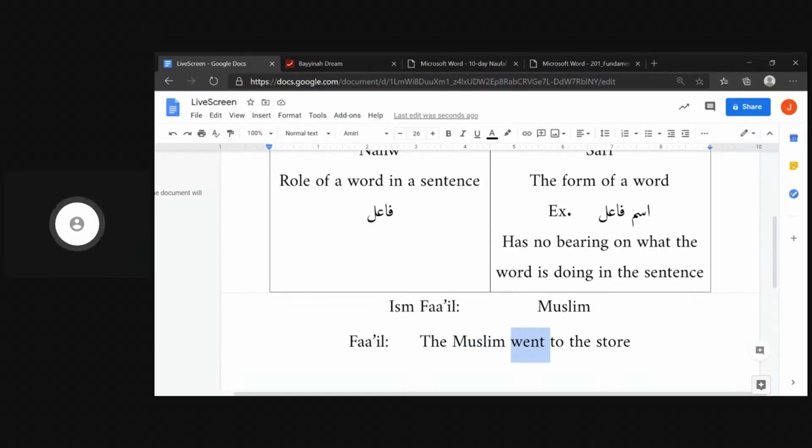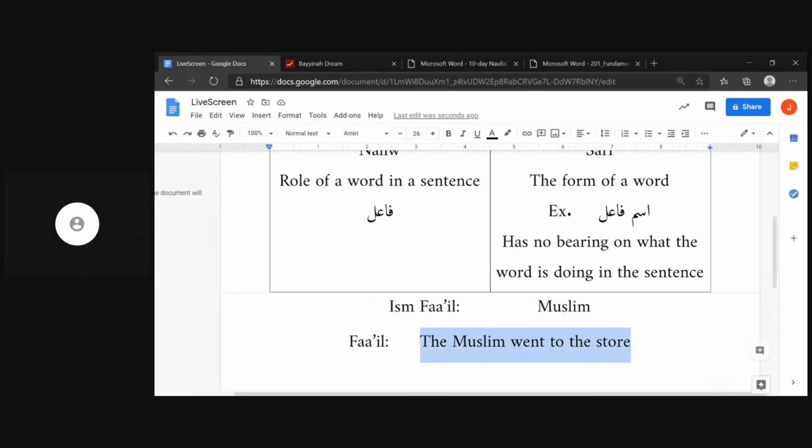The verb is to go, and the Muslim is doing the going, so the Muslim is the doer. And fa'il is how you say doer in Arabic. So the role of Muslim now in this sentence is doer. It's fa'il. But that doesn't mean every time you see an ism fa'il, it will be the doer.